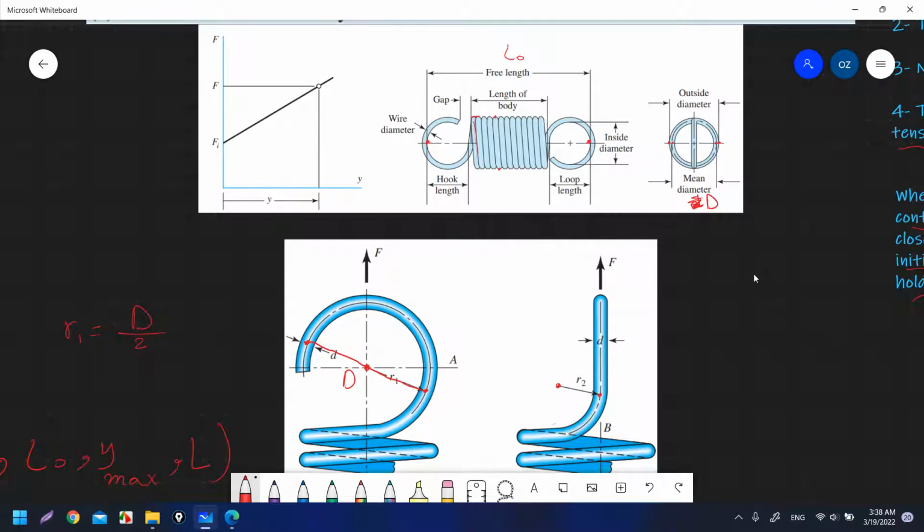As you can see, this one is the outer diameter, OD. The difference between them is this small distance from the center of the wire to the end here, and this distance also. This one is d over 2, and this one is d over 2. So the addition of them is d small, which is the wire diameter.